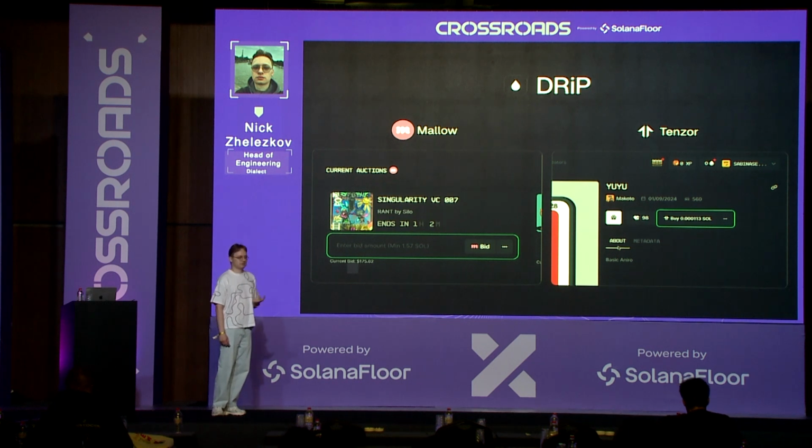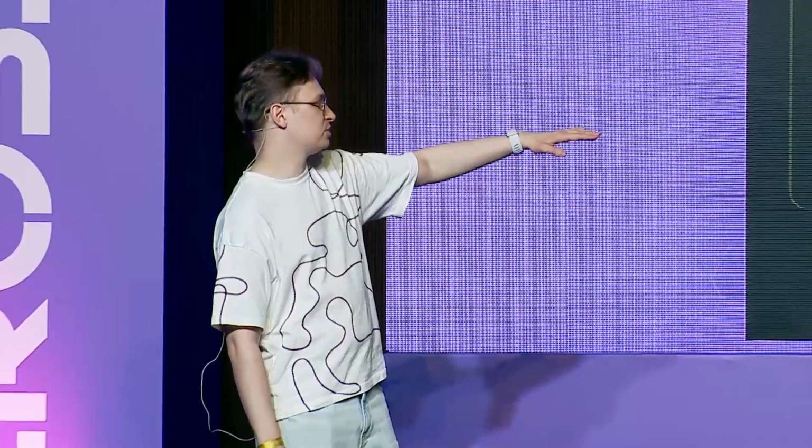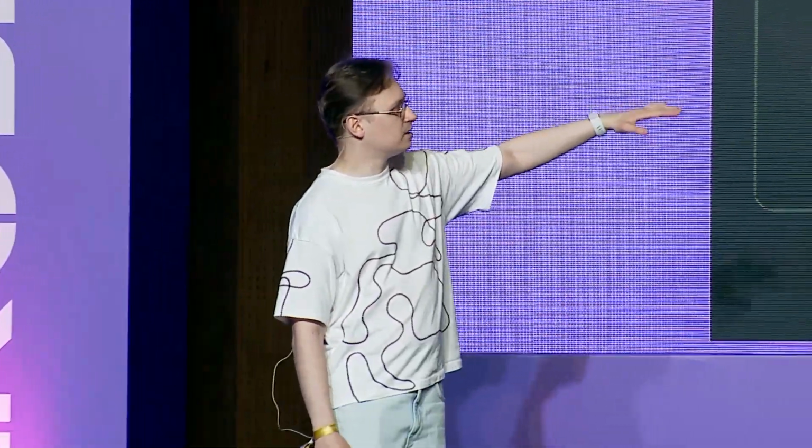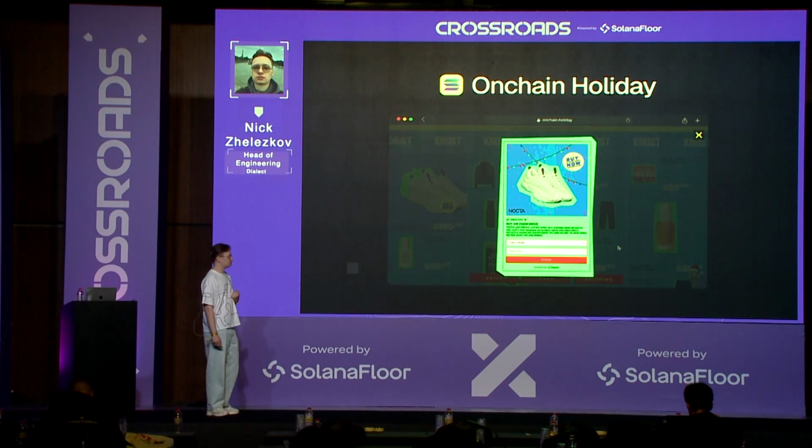Some dApps have integrated Blinks and basically teleported buttons, like from Melo or Tensor, to their websites. And there are even some experiments like on-chain holiday, if you've seen this event. It also uses Blinks under the hood.